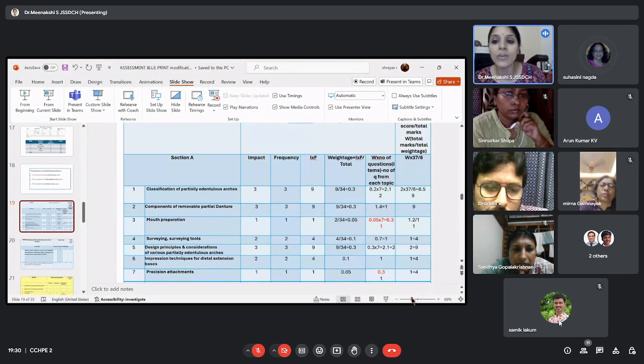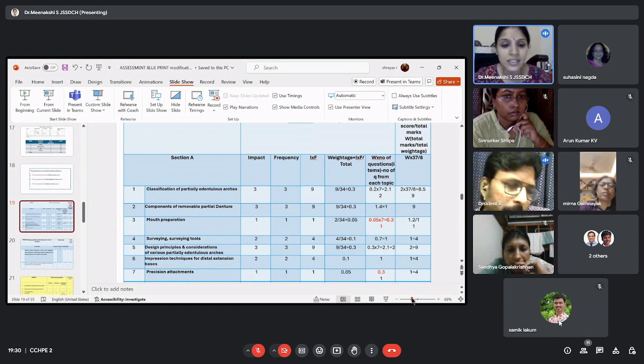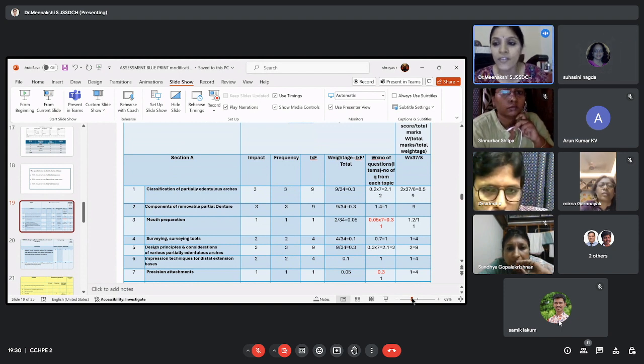So the weightage will be around 2 if you see the last point. Your area of interest should be only the last column, where the marks allotment would be more for the first chapter, the second chapter, and the fifth chapter, that is design principles and considerations of various partially edentulous arches. Because the score is 9, 9, and 9 for all three, whereas it is less for the fourth and sixth.